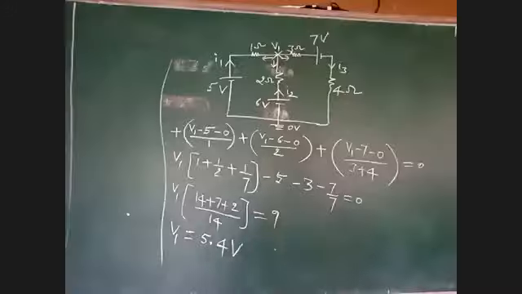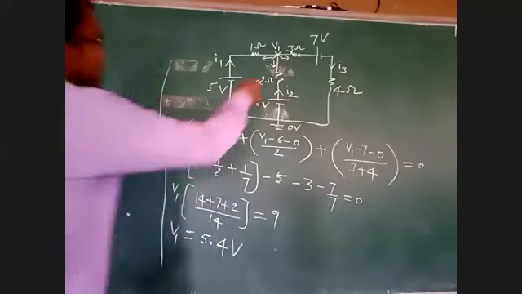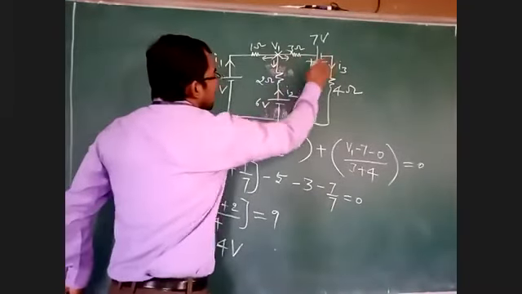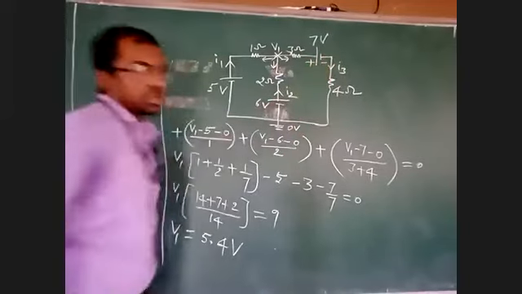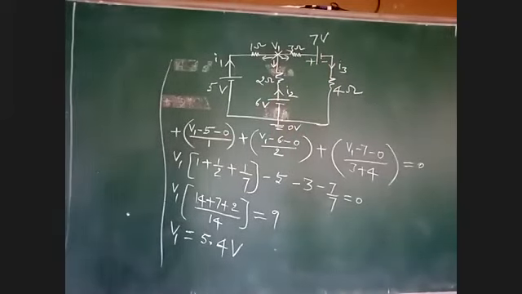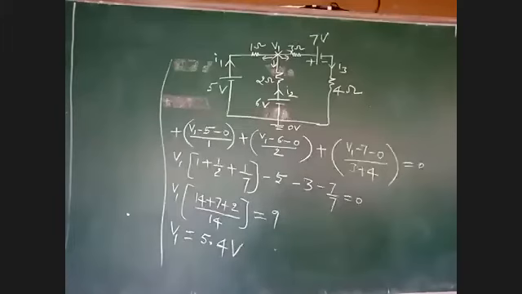Sir, I have a doubt. In the first equation, in the last term, it should be V1 plus 7, no, sir? No, because your arrow is moving from the positive terminal to the negative terminal. If current flows from positive to negative, we take minus.